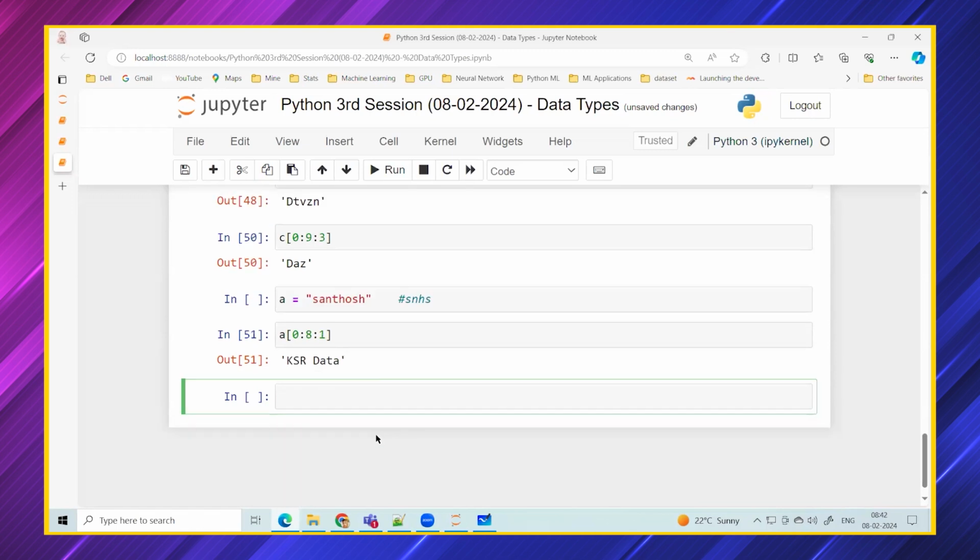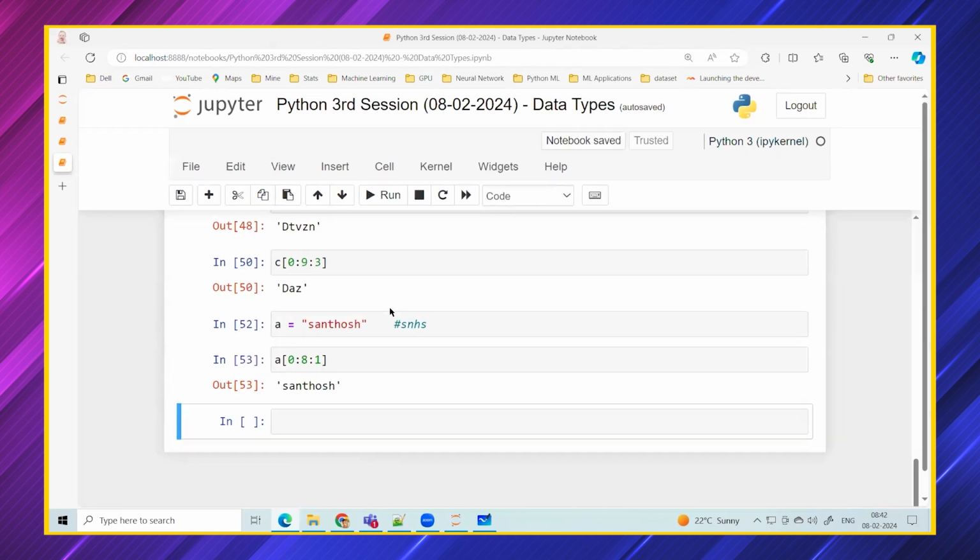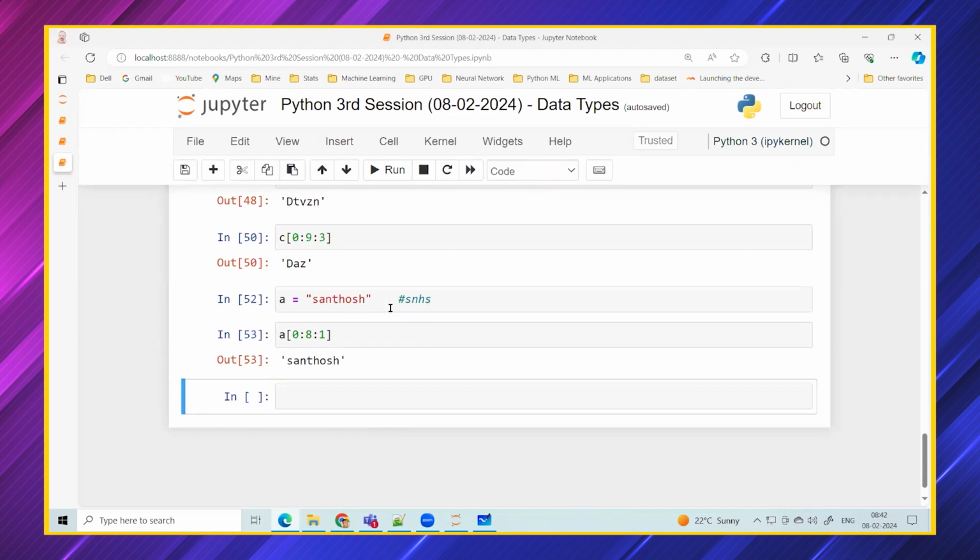Sorry, I have to run this. It's wrong. I'm getting the same elements because I'm stepping 1.